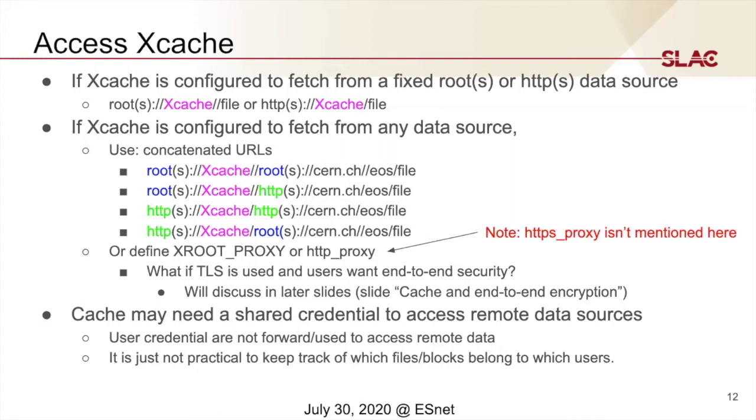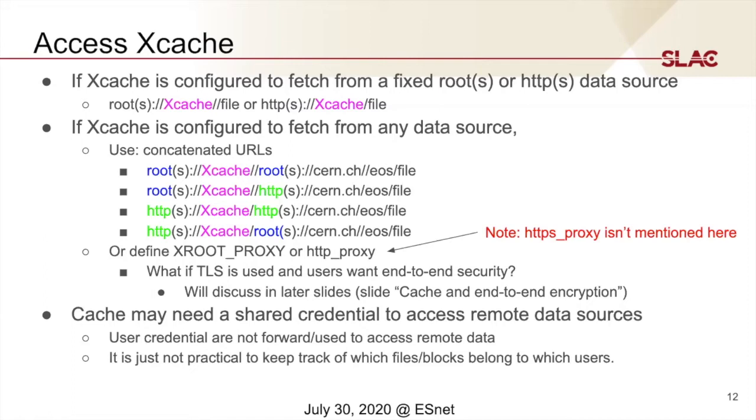Now, when the client accesses the remote data, sometimes it needs a credential to authenticate. In this case, the user's credential will not be forwarded to the remote data source. We have to rely on a shared credential because it is not practical for us to keep track of which file or file block was owned by which user.